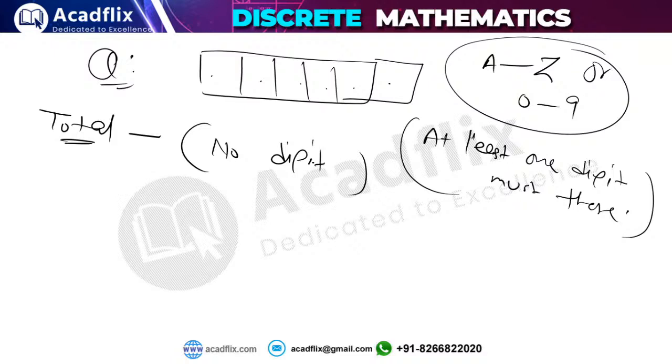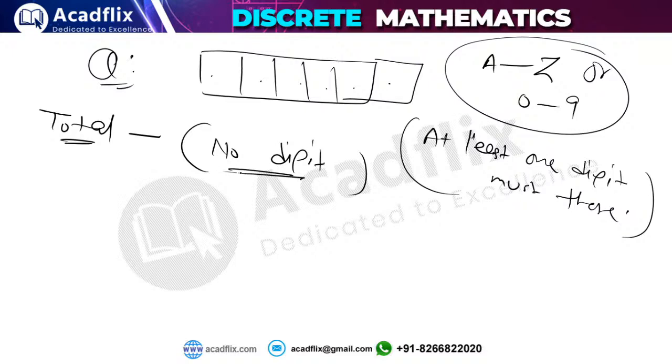First you find the total passwords, forgetting about this condition. From those passwords you subtract the passwords in which there is no digit.